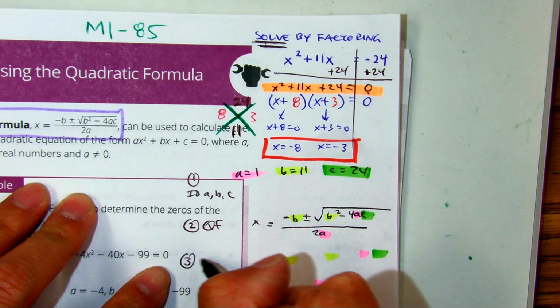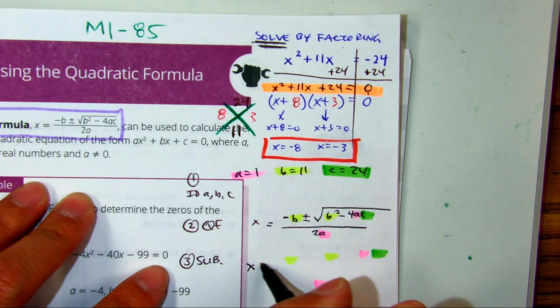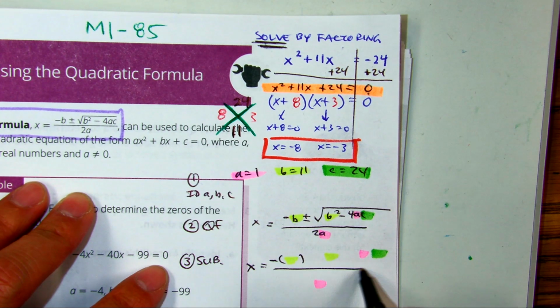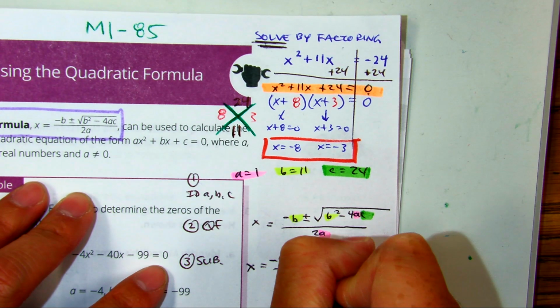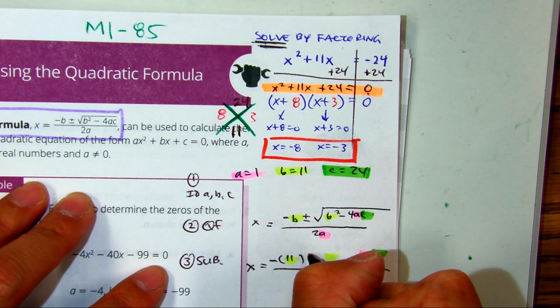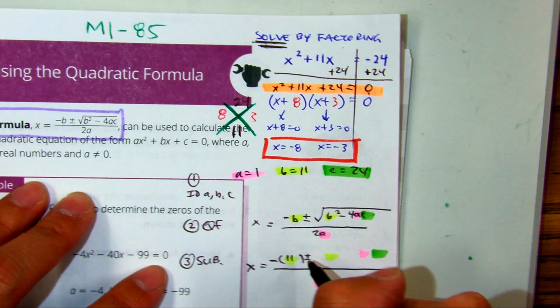Let's do our substitutions. Tony, your b value? Keep going, Tony. All plus or minus, and then the square root.